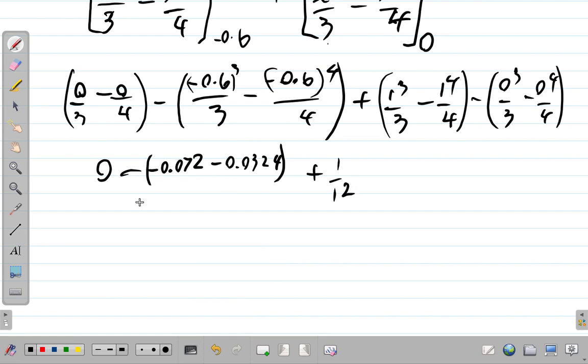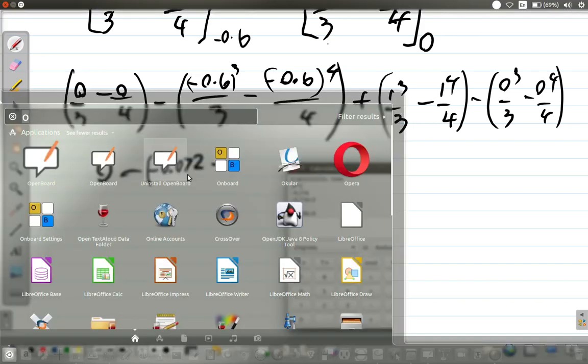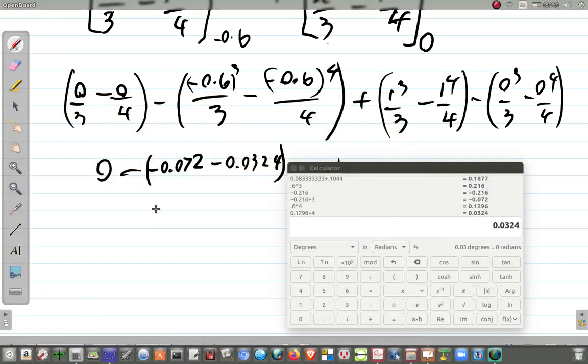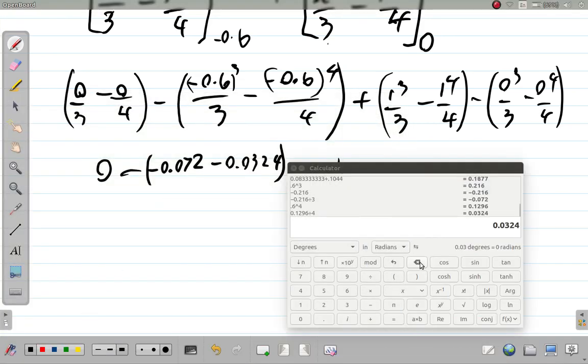Now 0 minus all of this. What we have here is negative 0.072 inside the bracket minus 0.0324.